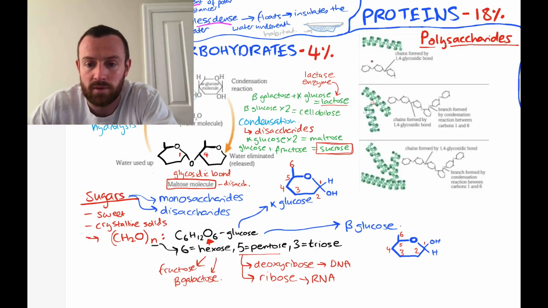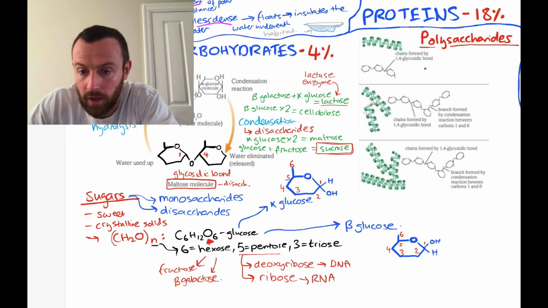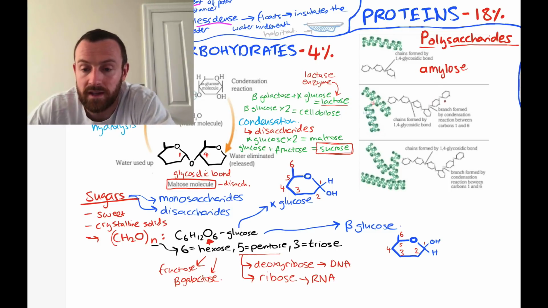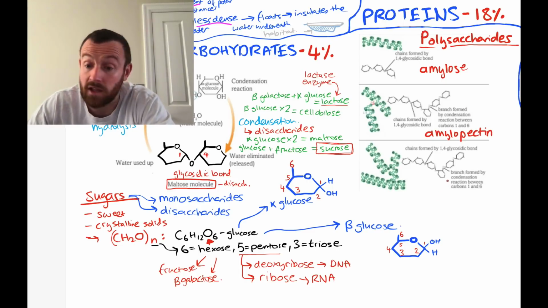And there's three polymers of alpha glucose that we need to know about here. So the first one up here is amylose. The second one down here is amylopectin. And the last one is glycogen.